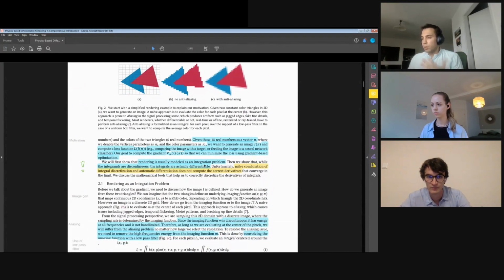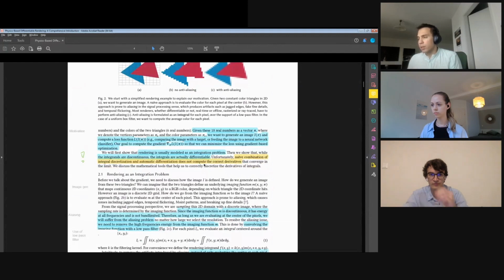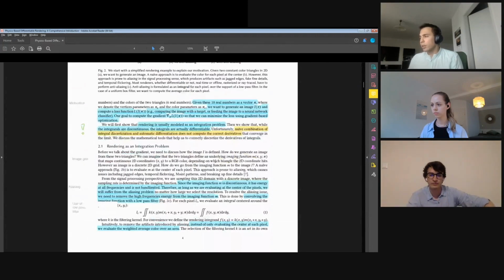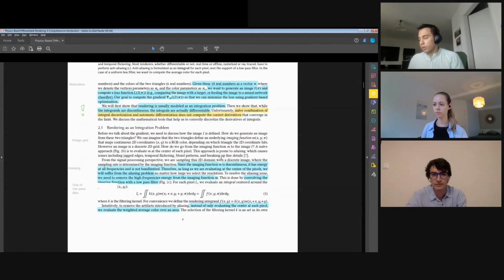Maybe a small thing to mention is that we talked about automatic differentiation and how it's not really that possible, and it basically leads to incorrect derivatives if you're not careful with the discontinuities that the rendering process contains.